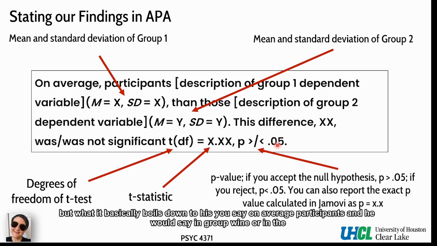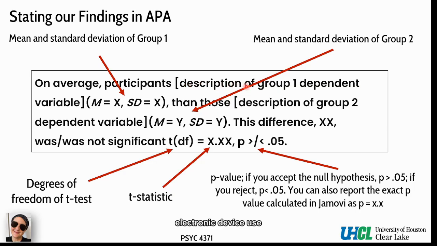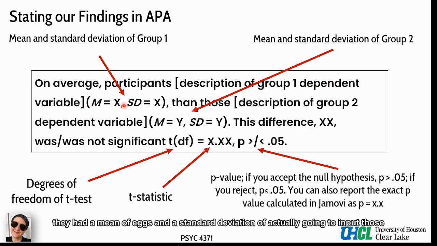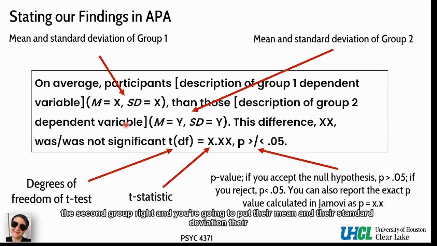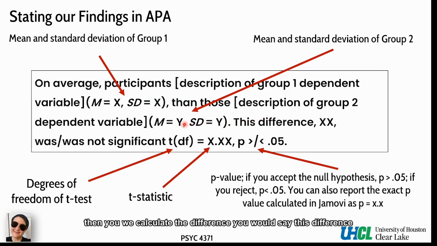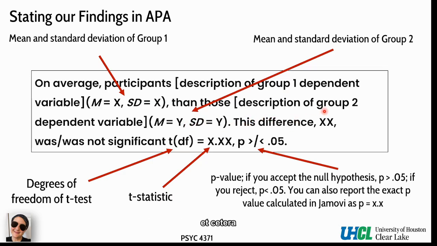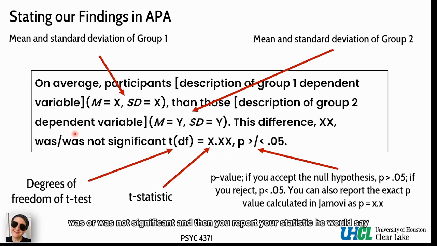But what it basically boils down to is you say, on average, participants in group 1, or in the electronic device use group, had a mean of X and a standard deviation of X. You're going to input those mean and standard deviation from your calculations, and you're going to compare that to the second group, and you're going to put their mean and their standard deviation there. Then you would calculate the difference. You would say this difference was or was not significant, and then you report your statistic.